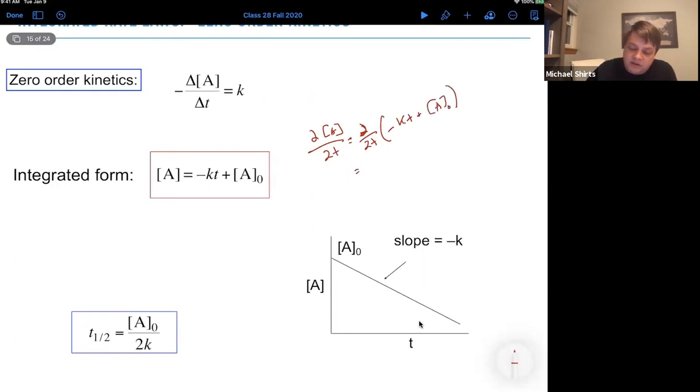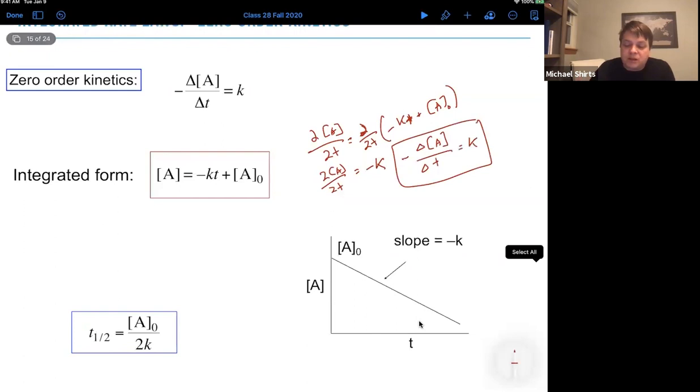All right, so the derivative of something times a constant is just the constant, so minus k. And then the derivative of a constant is 0. So we get dA/dt equals minus k, which we can rewrite using a differential, or it could be finite, as minus k.